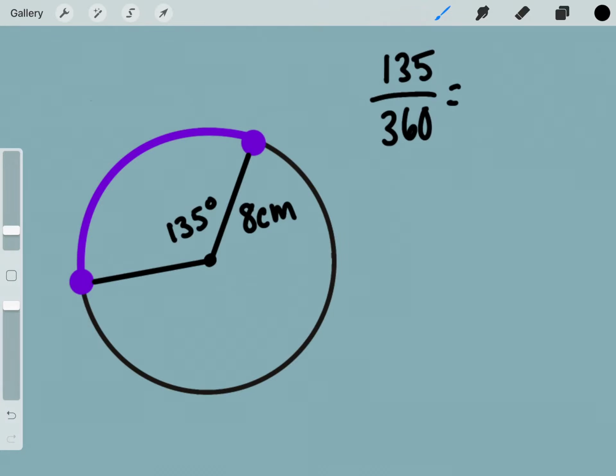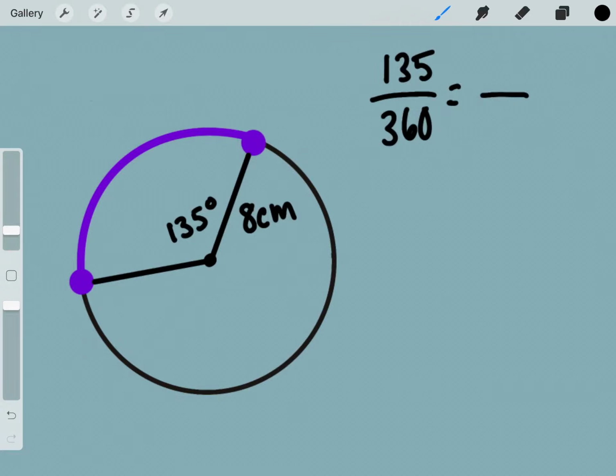Now I have not done this problem myself yet, so I don't actually know what the fraction is off the top of my head, so I'm doing the problem right along with you. 135 divided by 360. That's not one that we just know off the top of our heads, like 180 divided by 360 or 90 divided by 360. So we're going to have to look to reduce it in the best way we can.